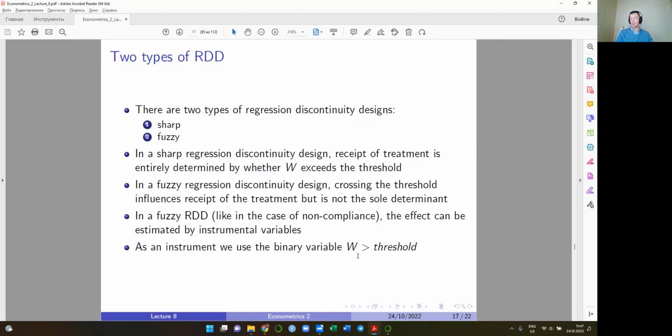As an instrument, we would use the binary variable that this W exceeds the threshold. So basically the prescribed treatment as in the randomized experiment.